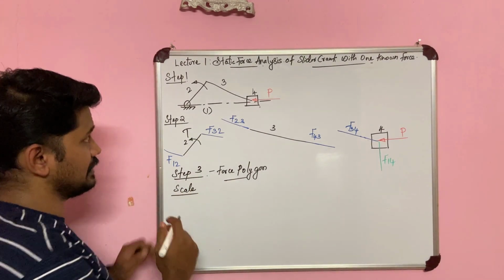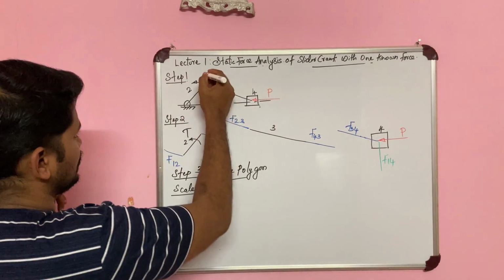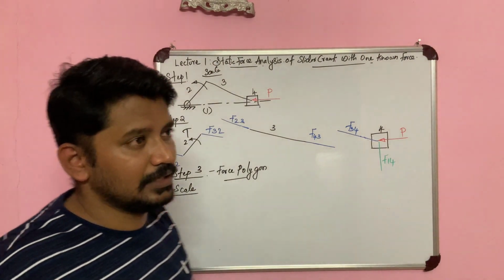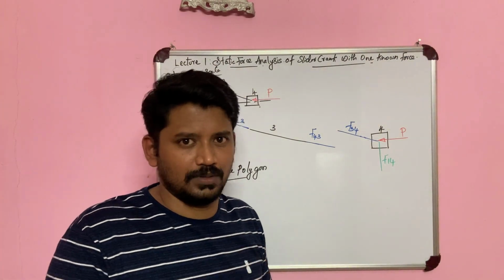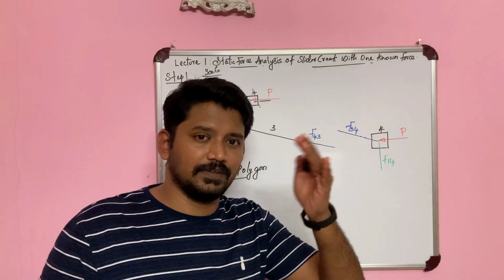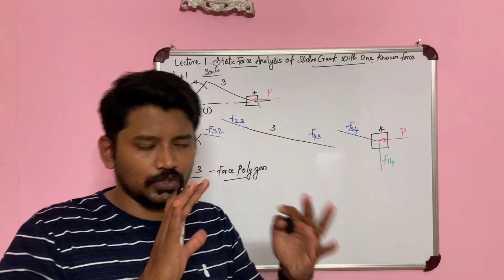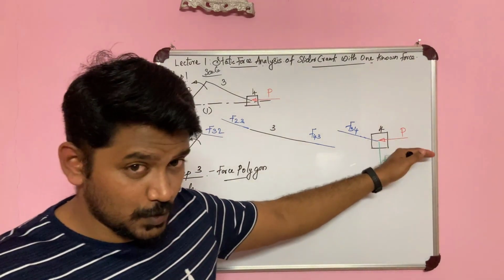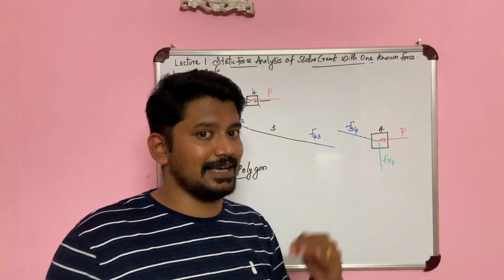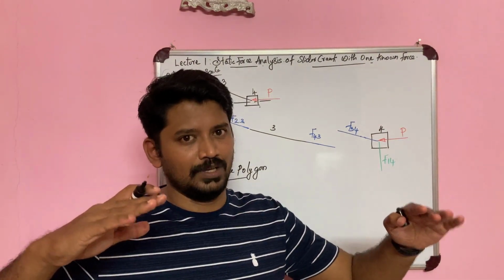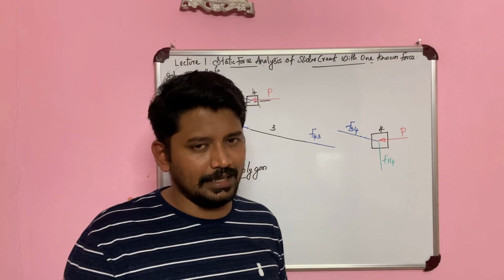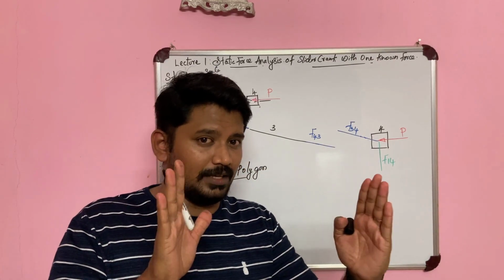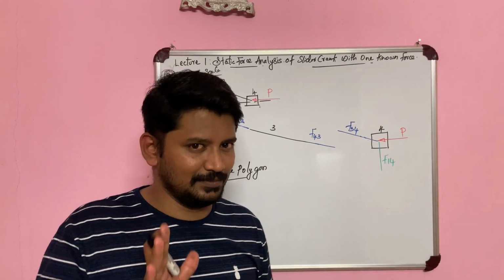Now here in this case, in the first case when we took the scale, it was a length conversion, right? So meters we are converting into centimeters, both are length. But in this case, we are taking force and we are drawing it as a line. So the force we are taking and we are assuming it to be a length.